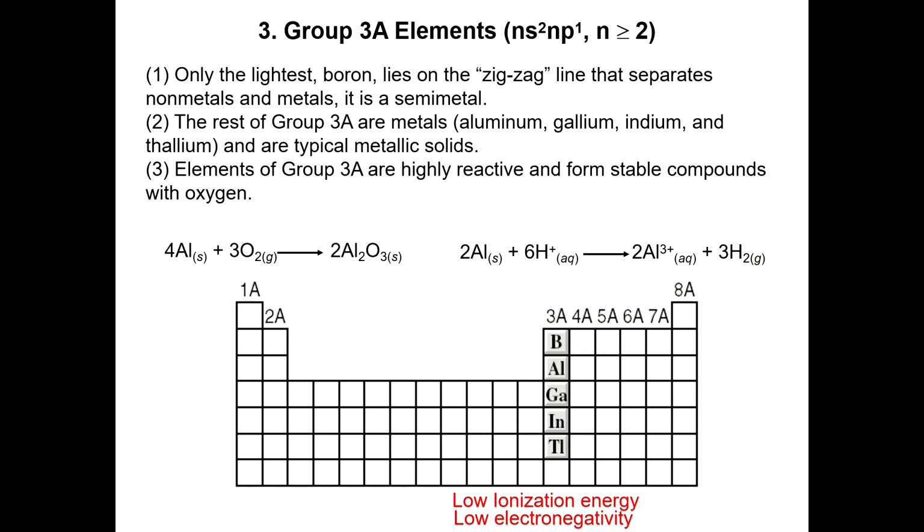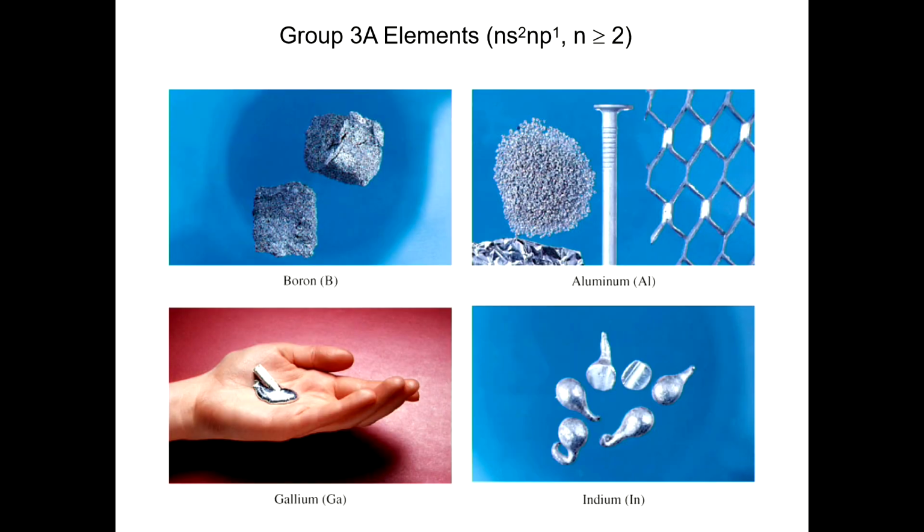Most of them are metals. And of course they are more stable than group 1A and 2A, so they can stay in the air.